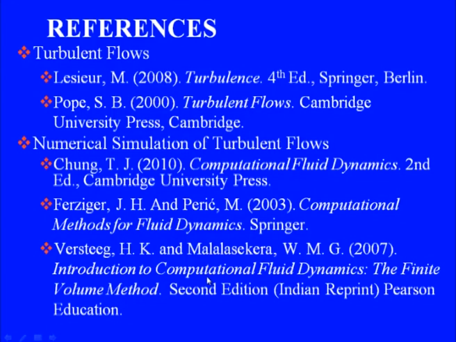This has got one full chapter on numerical simulation of turbulent flow, that is on turbulence modeling. It also gives you in a bit more detail many RANS models and some of the LES models, and a few indications of which model to use in what situation, what are the advantages and disadvantages of different models, and which is supposed to be used in certain flow situations. So, please have a look at that chapter in this book.